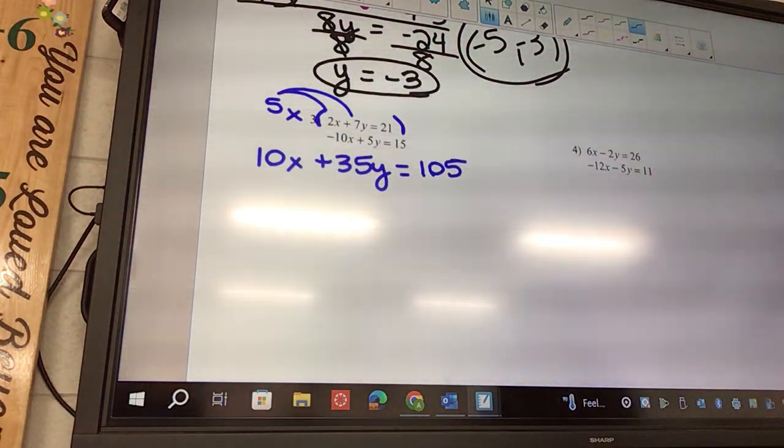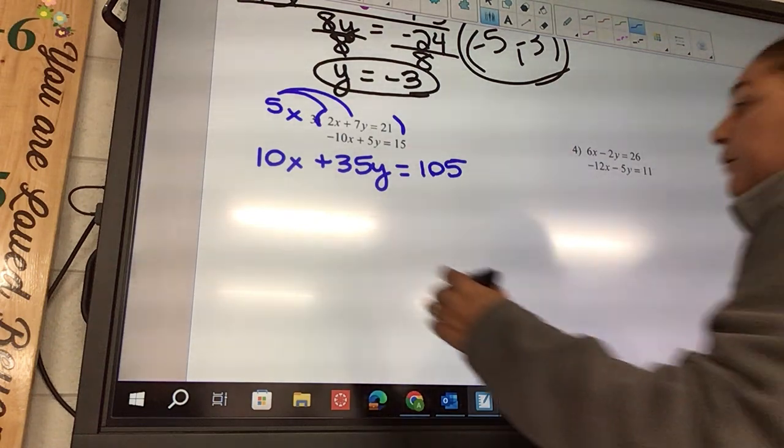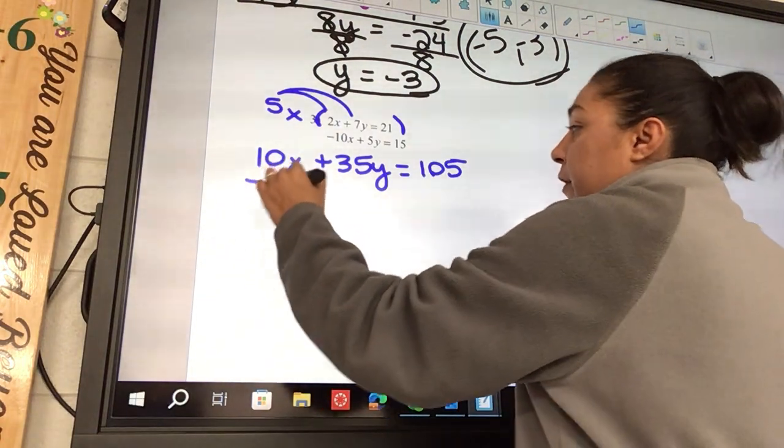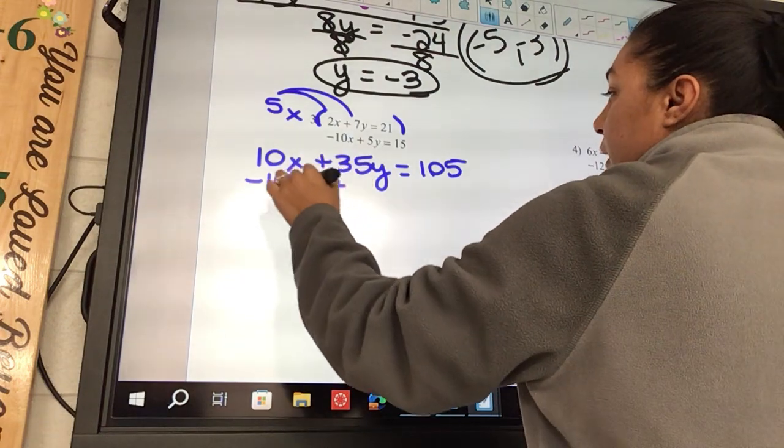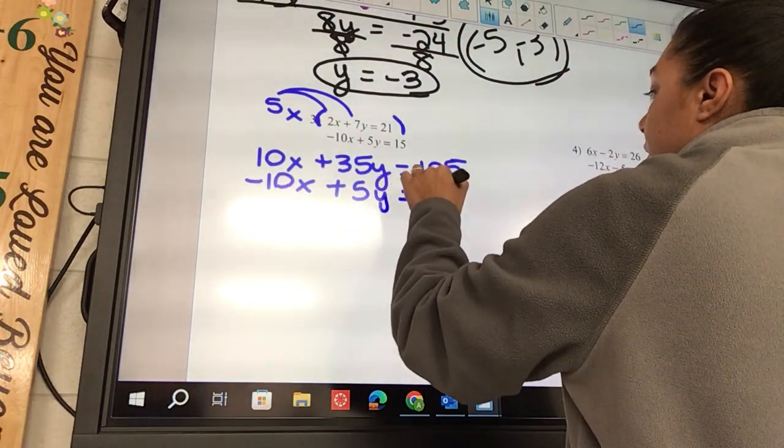Okay, equation 2, did we change anything? No, so you're going to write that down. Negative 10x plus 5y equals 15.